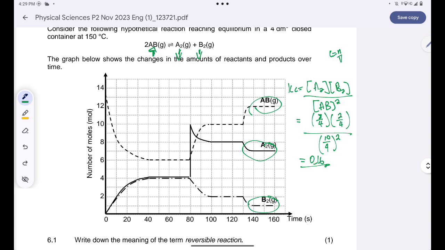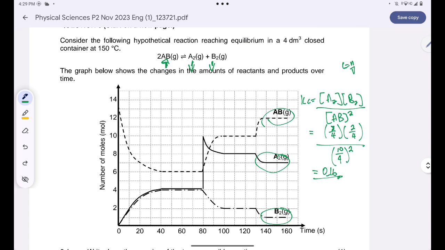Are you together? In the same endothermic reaction, let's say now the temperature was increased. If you increase the temperature, you will always favor the endothermic reaction. And if you favor the endothermic reaction, the products will increase and the reactants will decrease, and hence the Kc value will increase. Are you together?